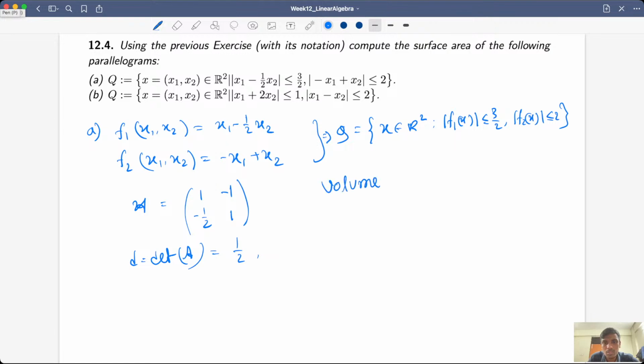Then the volume of this Q equals, in this case n equals 2, so 2 power n times C1, which is 3 by 2, times C2, which is 2, divided by D, which is half.